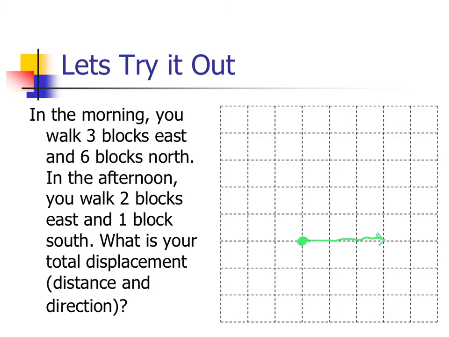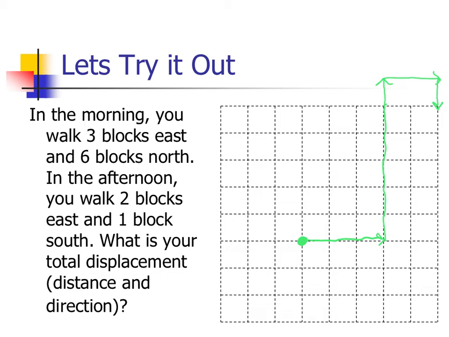Oh, crap. 1, 2, 3, 4, 5, and 6. And then 2 blocks east. And then 1 block south. What is your total displacement?